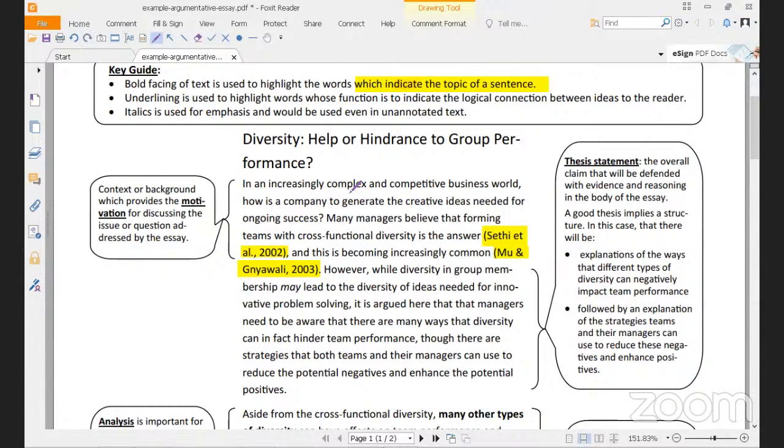Just as an example. And also, we have here a note, context or background, which provides the motivation for discussing the issue or question addressed by the essay. So in this part, we introduce our argument and we reinforce it with our thesis statement. Remember, a good thesis implies a structure.